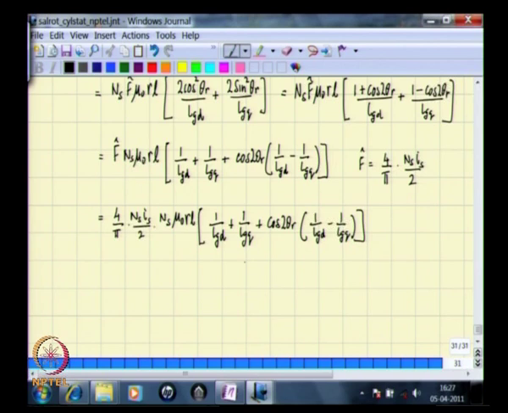Now, what we can do is define one inductance L d, which corresponds to the air gap L g d, as 4 by pi ns squared mu naught r into L divided by L g d, and another inductance L q as 4 by pi ns square mu naught r into L divided by L g q.